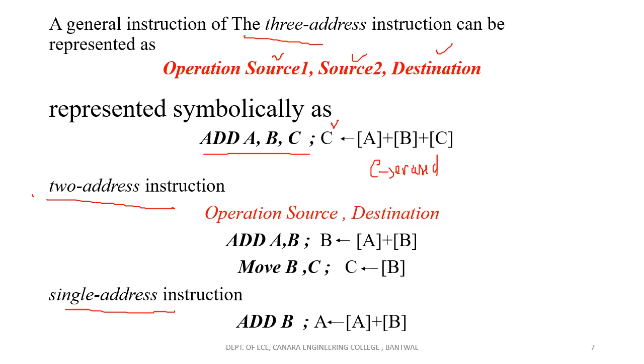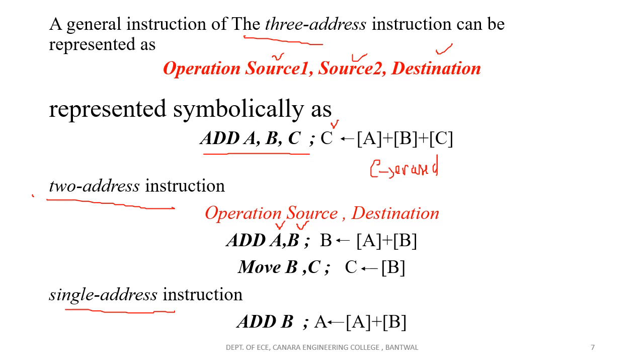Similarly, in case of a two address instruction, you will have only two addresses, one for source and one for destination. Let us assume we have to perform an addition of two numbers. Here A will be the source and B will be the destination. The sum of A and B will be copied to the B register.